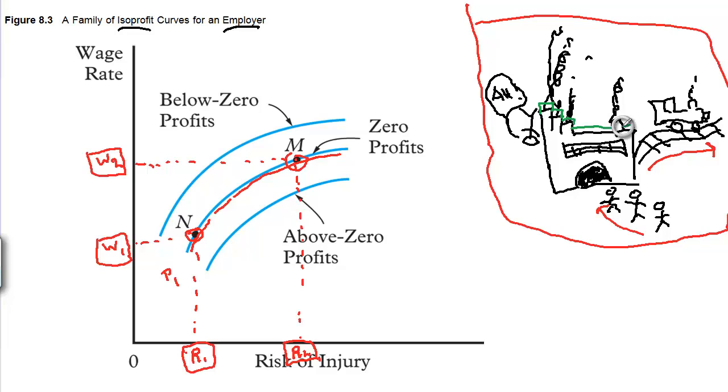So we have these great guardrails, and that costs money. To further ensure that nobody falls off the top of the factory, you're going to have to tie the worker in by a rope of some sort so that if the worker falls, he doesn't crash to the ground. And tying the worker in costs additional money.